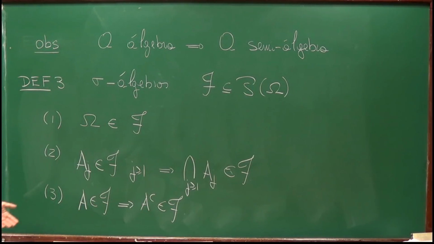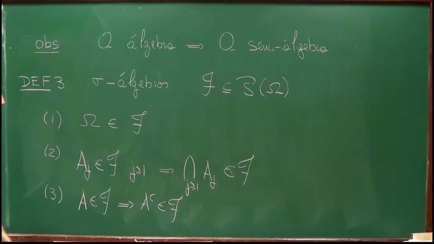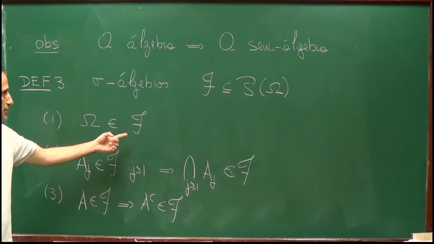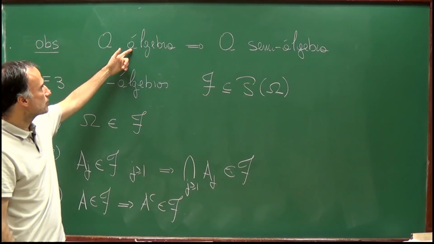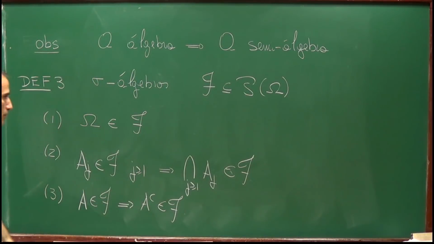So we'll say that a family of subsets of some set omega is a sigma-algebra if this class fulfills these three properties. And again, it's clear that if F is a sigma-algebra, then it's an algebra and it's also a semi-algebra.